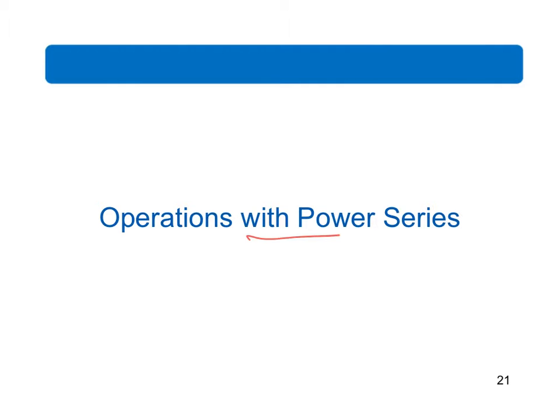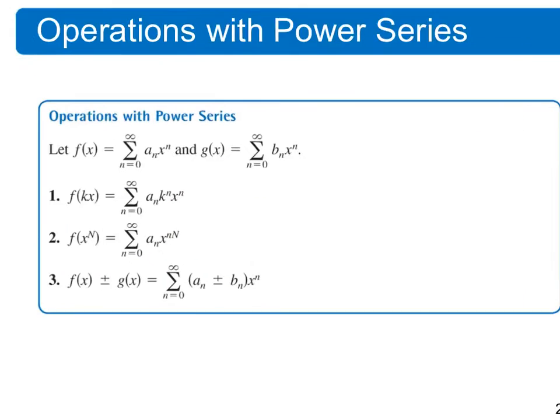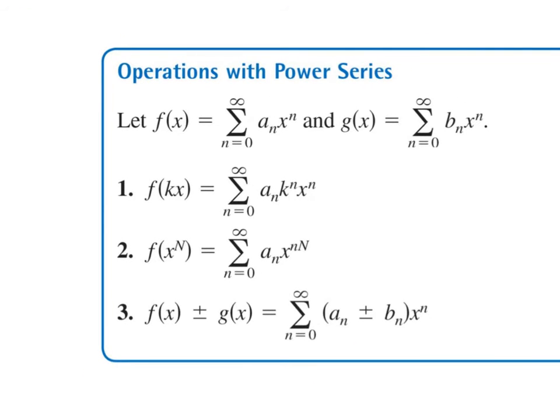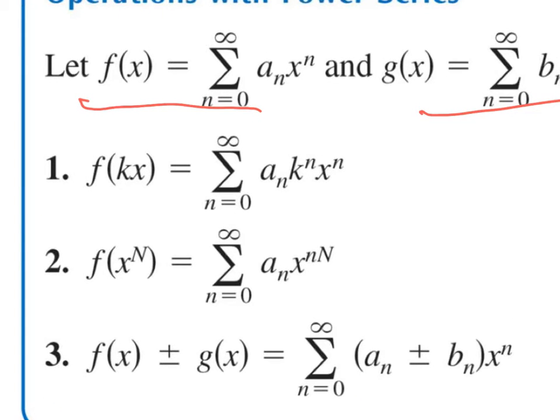Operations with power series. A lot of gobbledygook here. Just basically talking about that if you have two separate power series, it doesn't really have to be geometric, doesn't matter any kind of power series, you can always multiply a constant to your x.